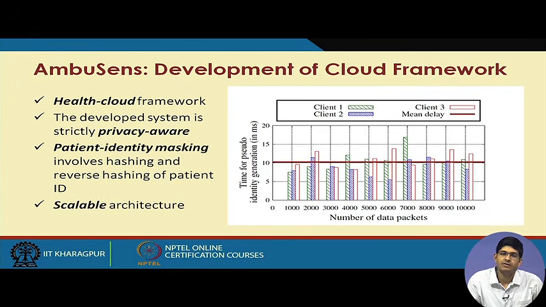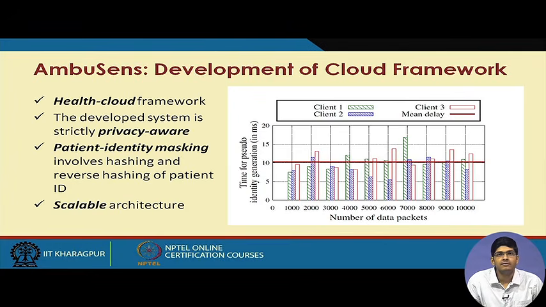So, here we have developed a health cloud framework which is totally privacy aware. The Ambusens system incorporates a novel identity masking module which suppresses part of a patient's identity before sending it to the cloud, so that cloud computation and analytics can be carried out on an incomplete data set, thereby preserving the patient's identity.